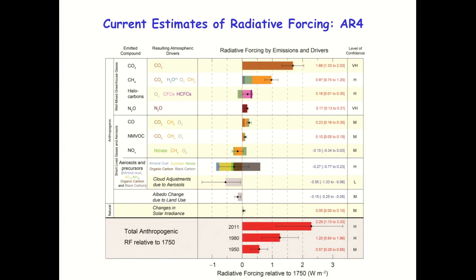And you can see that it's increasing: 1.57, 1.25, 2.29. So those anthropogenic components over that period have been increasing significantly, and within the area of uncertainty, more or less, based on this analysis.